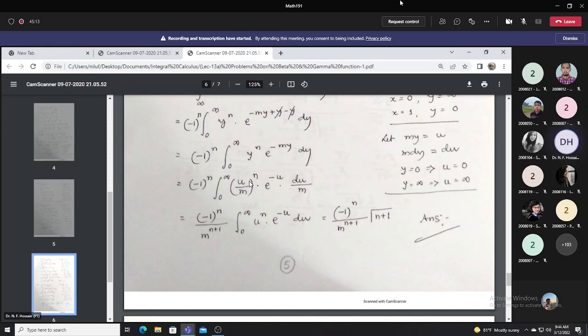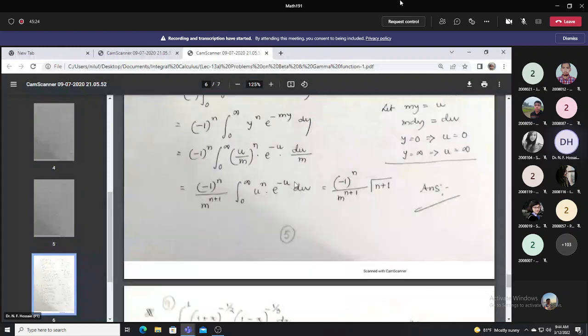So u by m whole to the power n, and dy is du by m. So outside the integral, we have minus 1 whole to the power n divided by m to the power n plus 1. And under the integral, you have integration 0 to infinity u to the power n into e to the power minus u du.